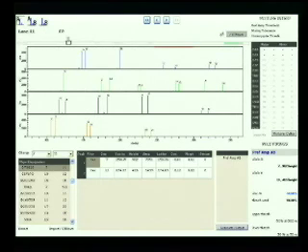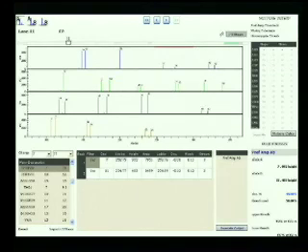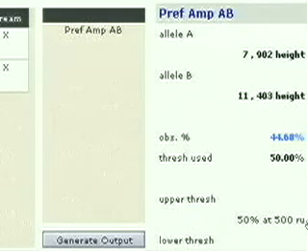Here is the exact same sample in FSSI cubed. We're looking at this particular locus where the results are 7, 11. You can see in the lower right-hand corner, the rule that is fired is PrefAmp AB. PrefAmp AB stands for Preferential Amplification AB.